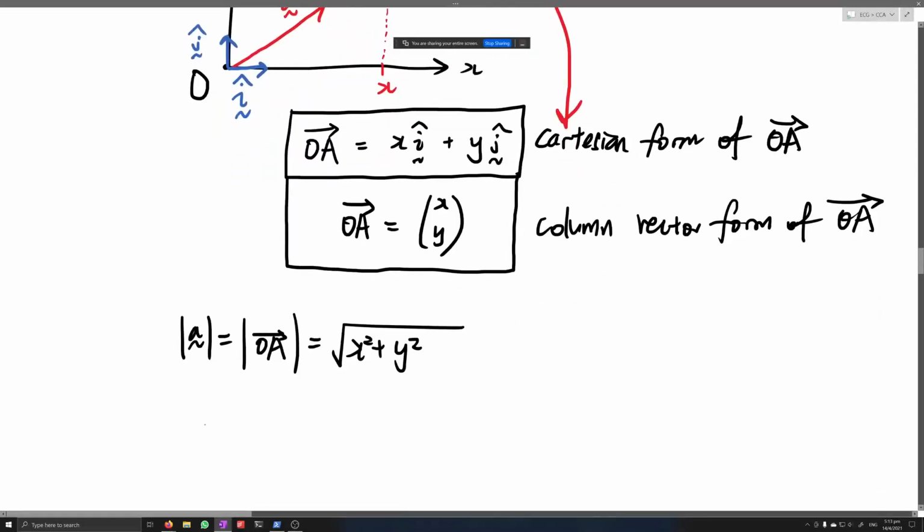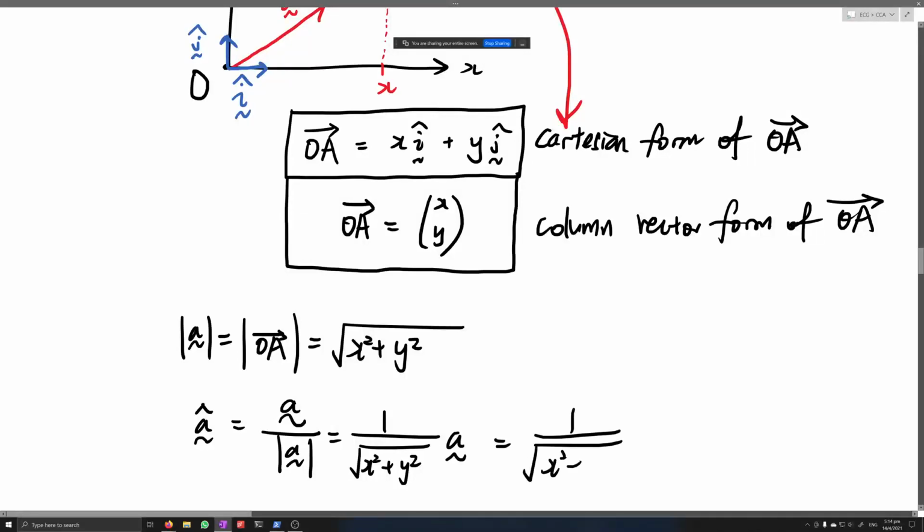And that will also mean that our unit vector A hat is equal to, remember, original vector, scale it by the reciprocal, 1 over the magnitude, which is given by the modulus. So it will give us 1 over root of x squared plus y squared times A, which equals 1 over root of x squared plus y squared times (x, y).